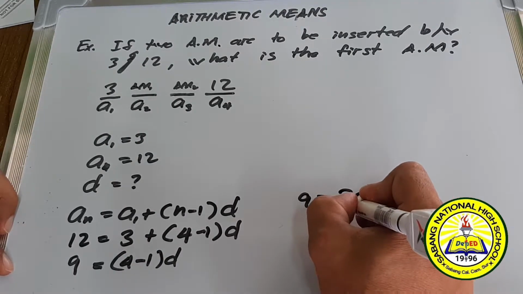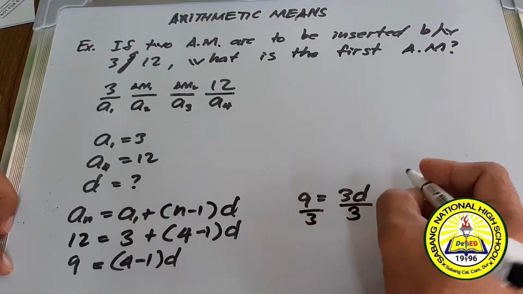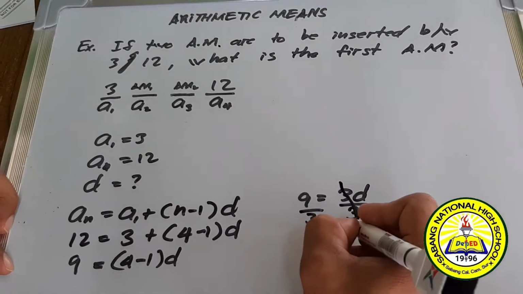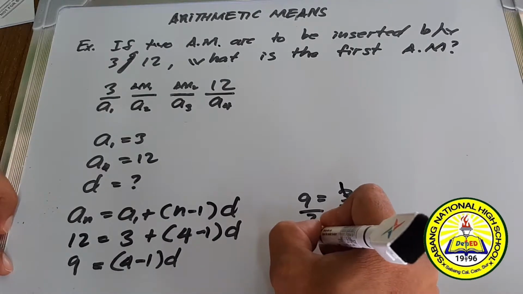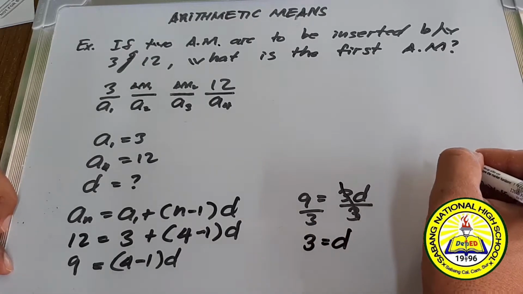To find the value of d, we divide both sides by 3, which is the coefficient of d, to cancel it to become 1. So we have 9 divided by 3 is 3. Then the common difference is 3.